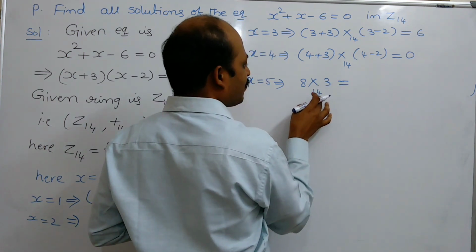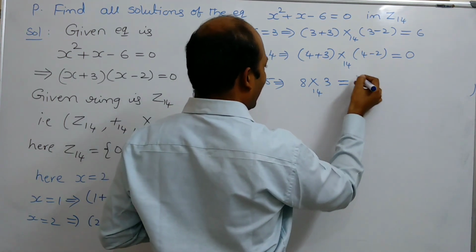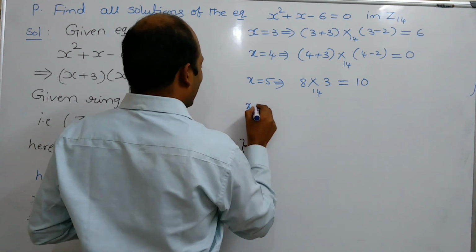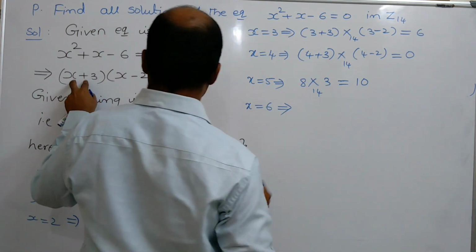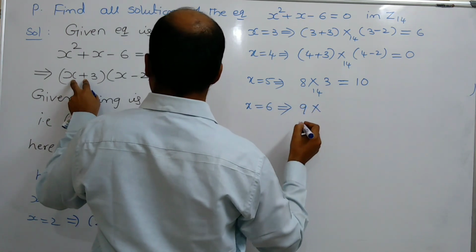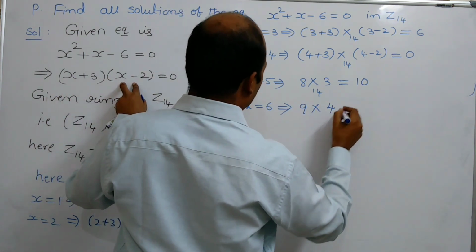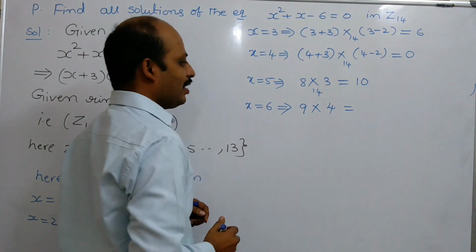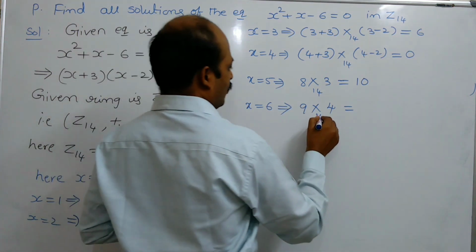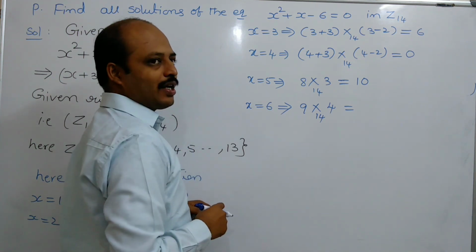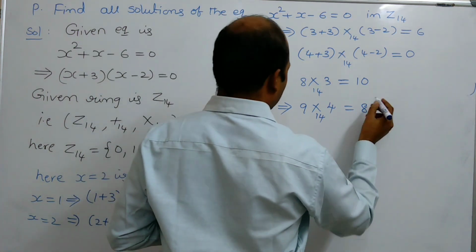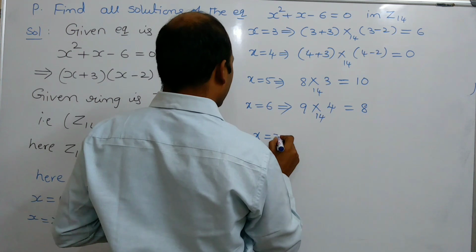If you divide 24 by 14, you get 10. x is equal to 6 implies 6 plus 3, 9, into 6 minus 2, 4. 9 4s are 36. Multiplication modulo 14. 14 2s are 28. 8 is the remainder. You can verify like this.